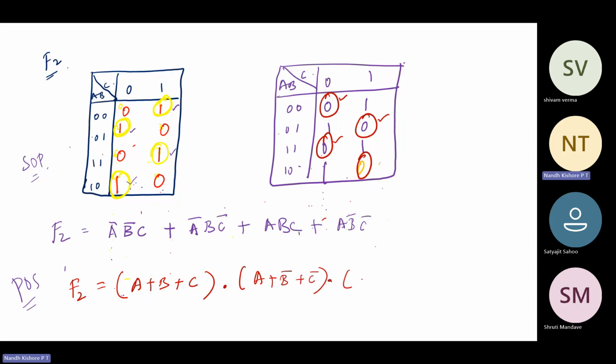For this you get A bar plus B bar plus C. And finally for this you get A bar plus B plus C bar. Is this fine? We have written it in both sum of products and product of sums form, and as you told, in a 4x2 table. You will get the same answer.